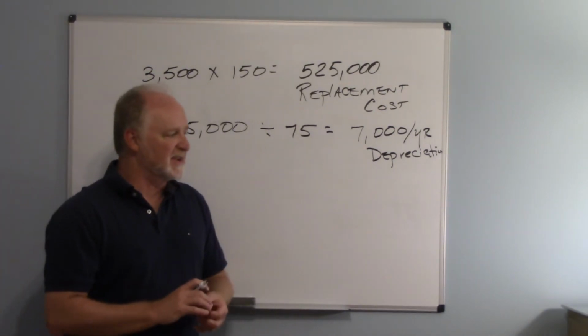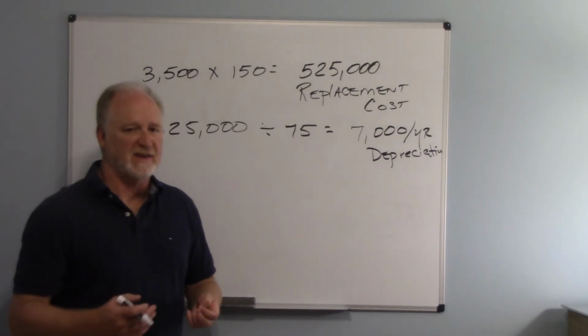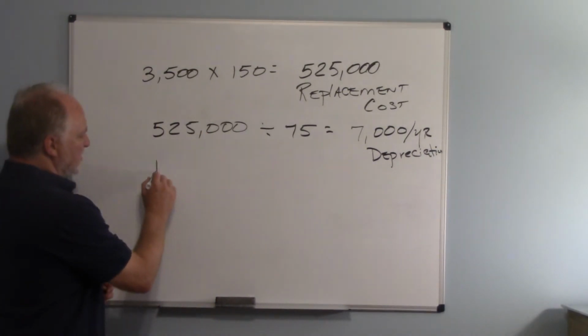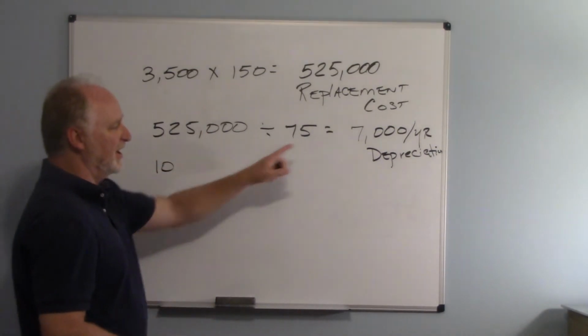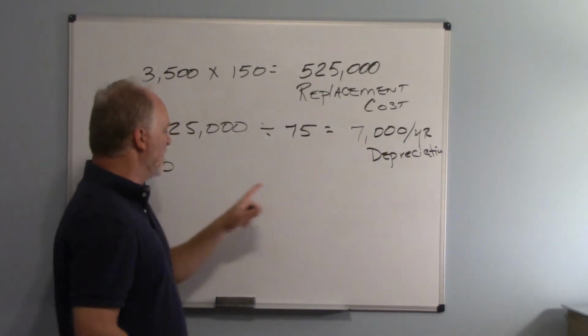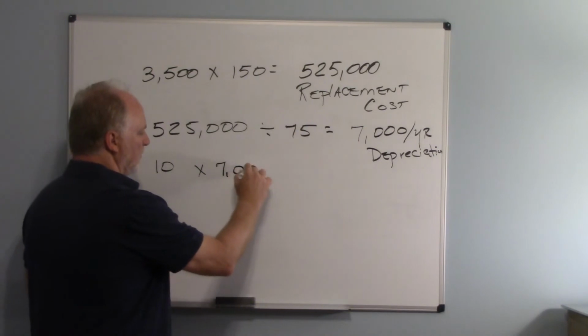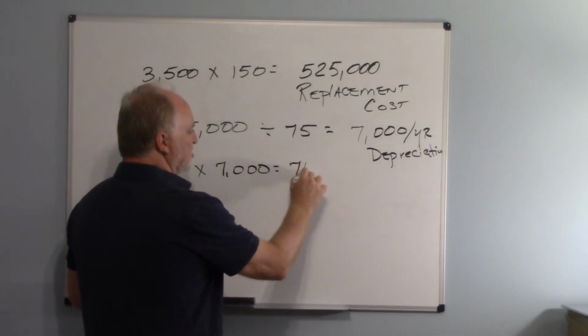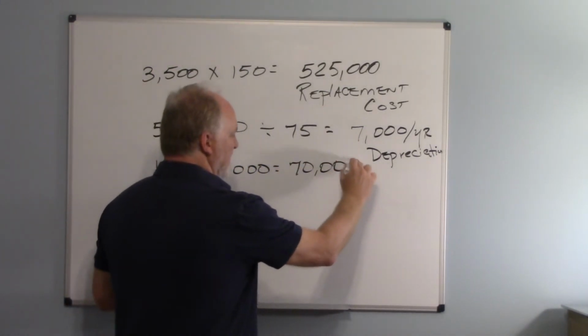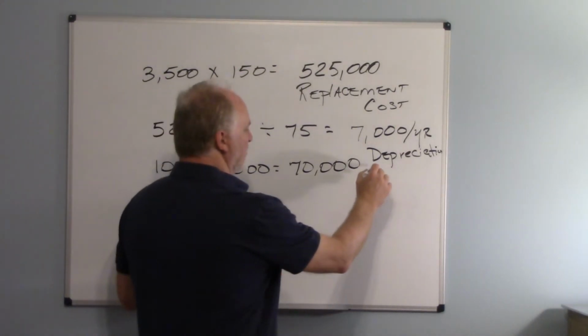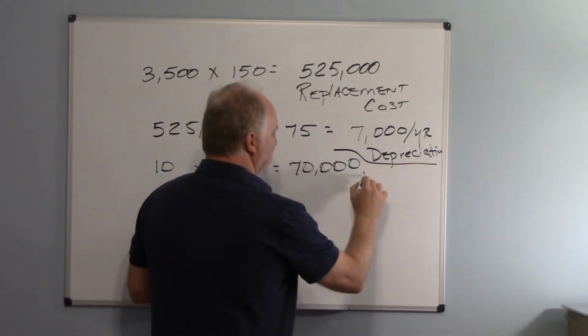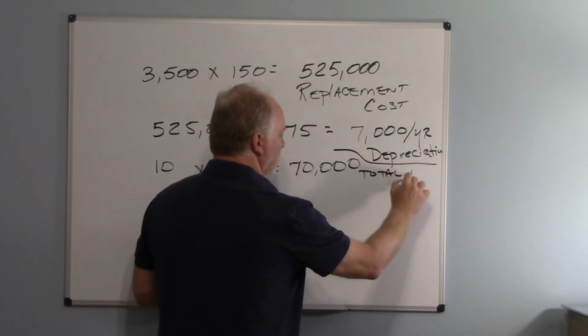Notice in the question it says that this building has an effective age of 10 years. So if it's been depreciating by $7,000 per year for an effective age of 10 years, total depreciation is going to be $70,000. So that's total depreciation.